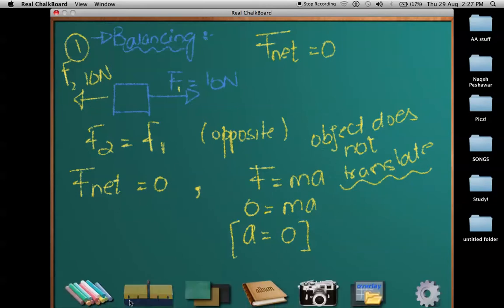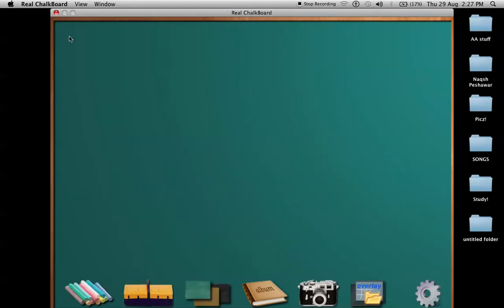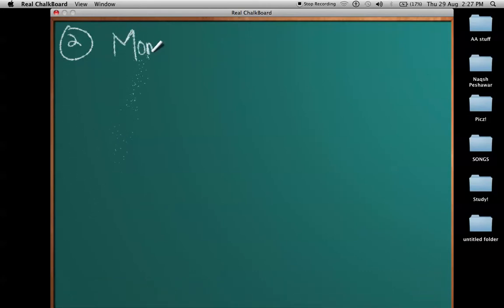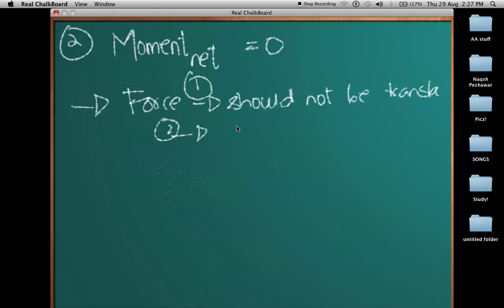However, there is a second condition, and I'll tell you why during this chapter. The second condition says net moment, or net turning effect, should also be 0. So a force, according to the first rule, should not be translating an object, or according to the second one, it should not be rotating an object.